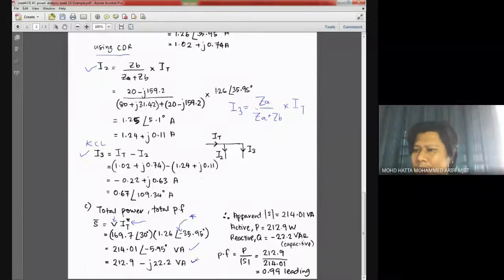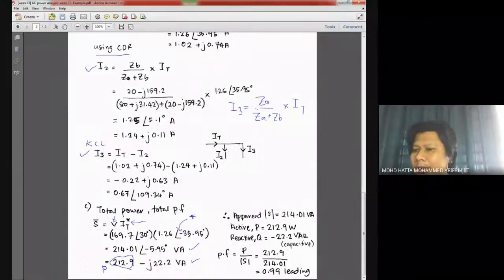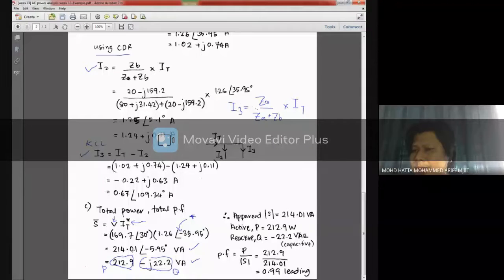And after that, you will get your complex power value, which is in polar form, and you can always convert it into rectangular form. Why do we need to convert into rectangular form? Because if we have a rectangular form, this real part will be our P, and the imaginary part will be our Q. So we don't have to calculate P and Q later on, just by using the value that we found from the conversion from polar to rectangular.